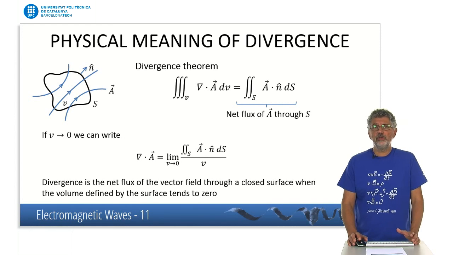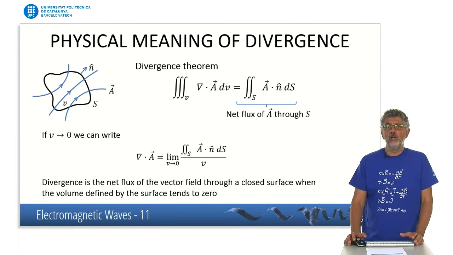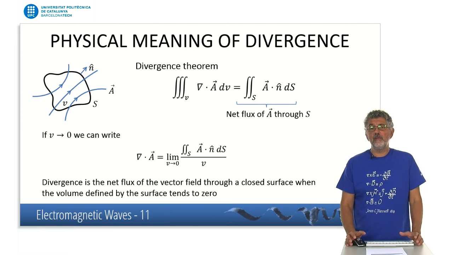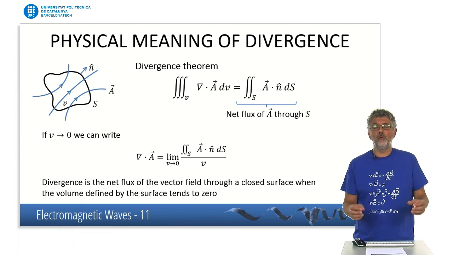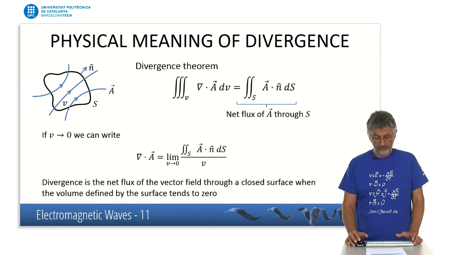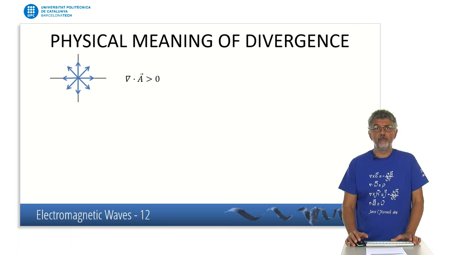So actually divergence just gives us an idea of whether in that vector field there is a concentration, or a net outwards flow of field lines, or in the case that the divergence is 0, it means that the net flow of that vector field is 0 through that closed surface.